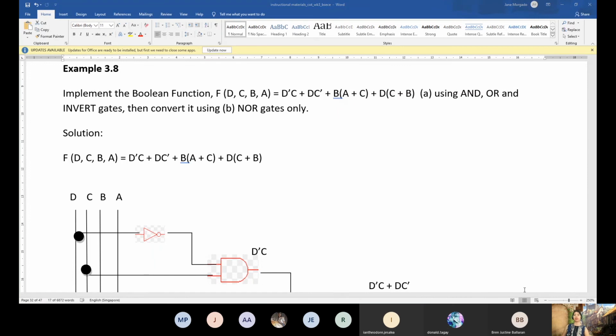Yes, 3 ICs, 3 integrated circuits. So take note that AND, NAND, and NOR are considered as quad IC, meaning four gates in a single IC packaging.